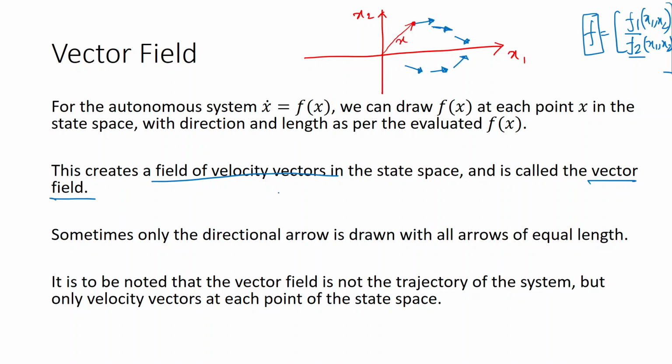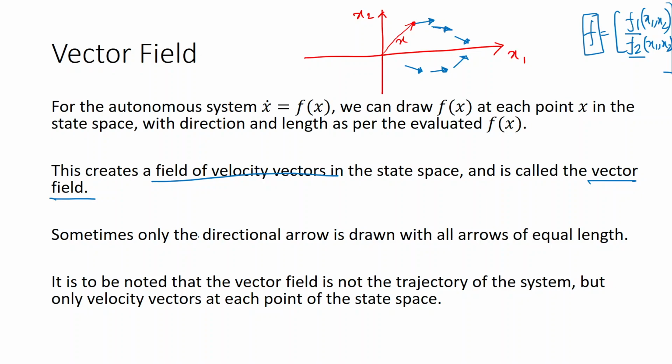Sometimes we draw only the directional arrow and all arrows of equal length. Here I have almost drawn it like that, all arrows of equal length, because what we are interested in is the direction only. We are not interested exactly in the magnitude; we are interested in which direction the velocity vectors are pointing. What is the direction of the vector field?